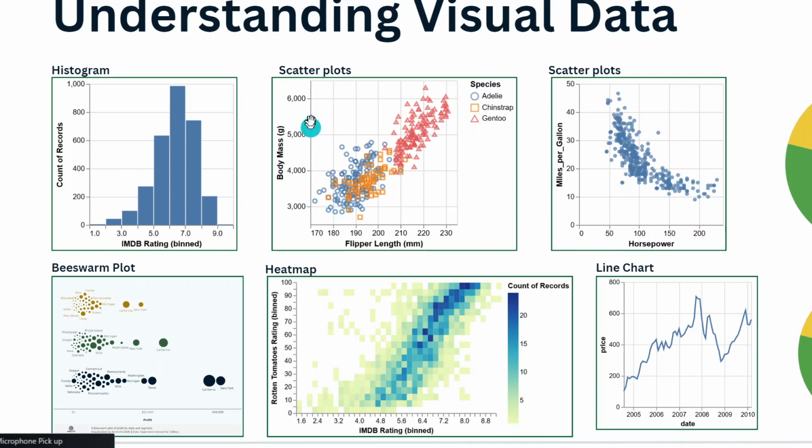Such that somewhere around here, we have 6,000 corresponding to 180, a body mass of 6,000 and length of 180, right? Somewhere here we have, let's say, around 1,500 and 192.